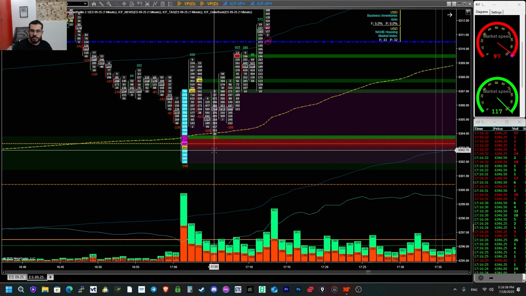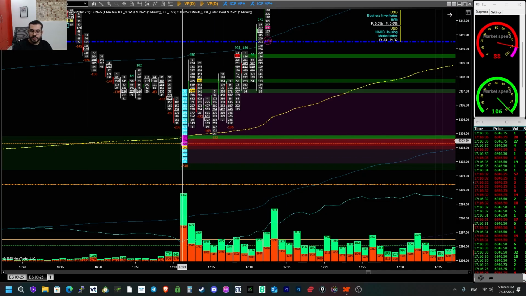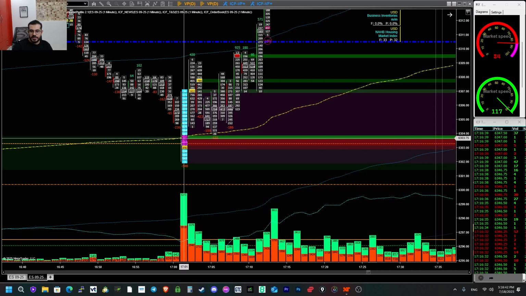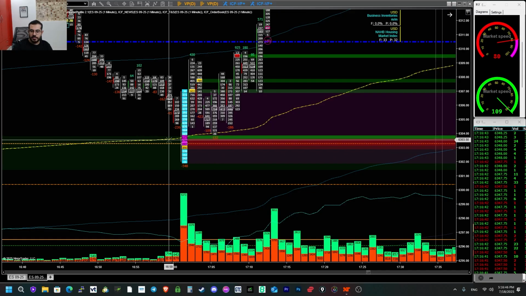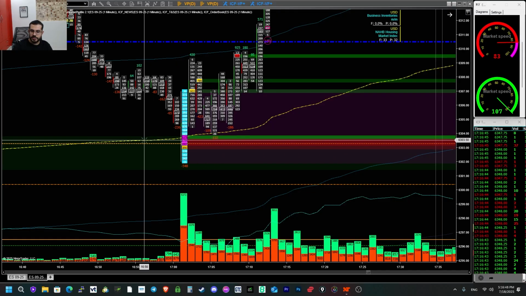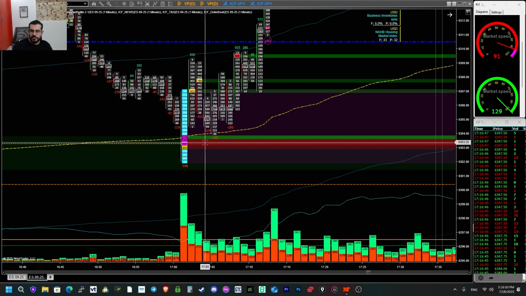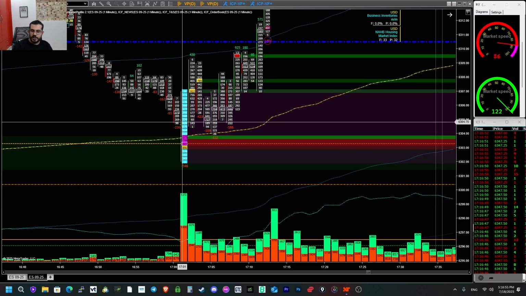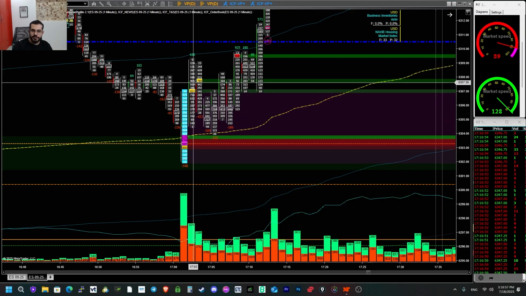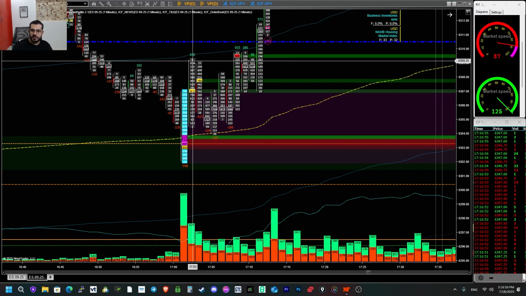He was basically planting buy limits with a really high speed. So when sellers were trying to sell hard, he kept planting the buy limit. The institution traders or the hedge funds, they would keep planting buy limits here, and they wouldn't let the market come down. And then right after, they bought aggressively here.